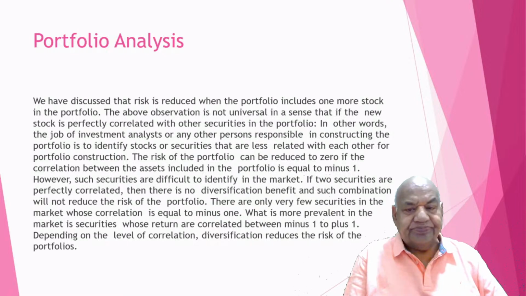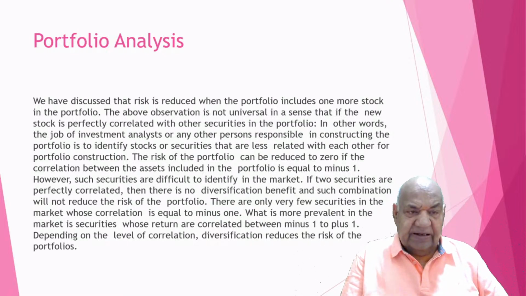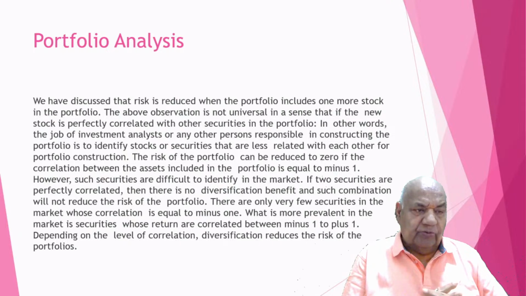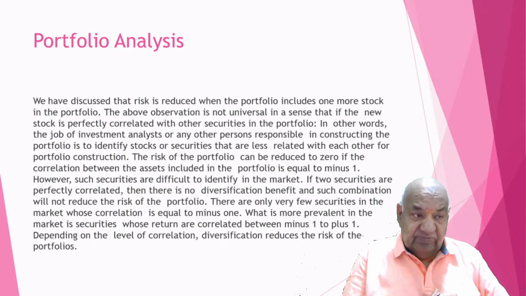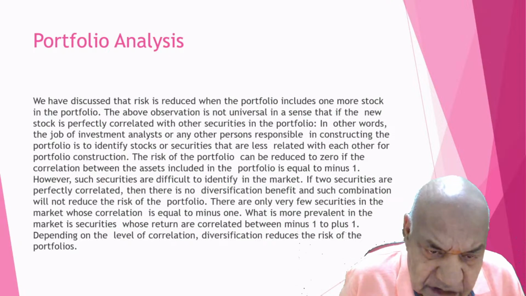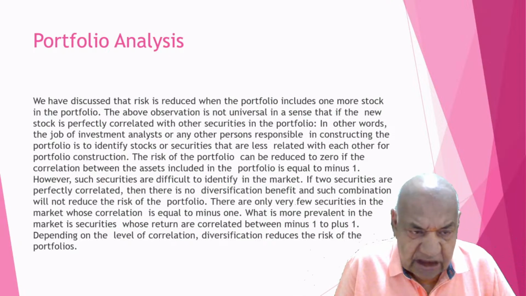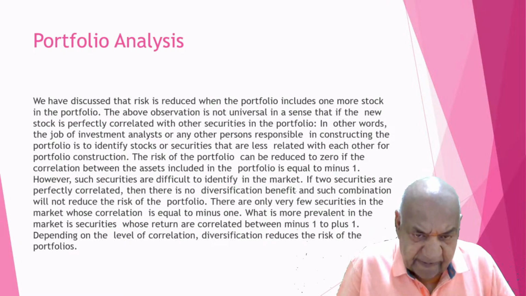Portfolio analysis. We have discussed that risk is reduced when the portfolio includes one more stock. The above observation is not universal in the sense that it does not hold if the new stock is perfectly correlated with other securities in the portfolio. In other words, the job of an investment analyst or any other person responsible for constructing the portfolio is to identify stocks or securities that are less related with each other for portfolio construction.